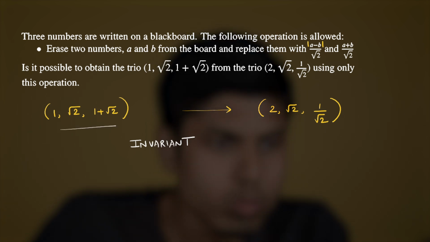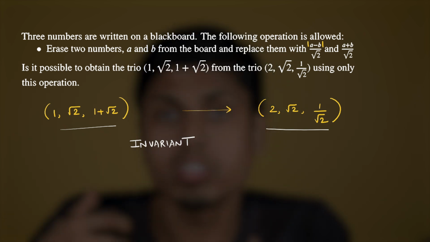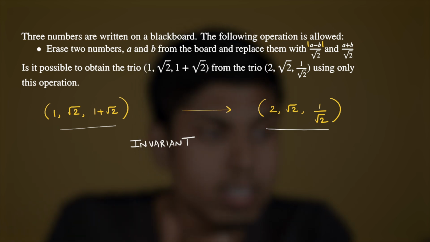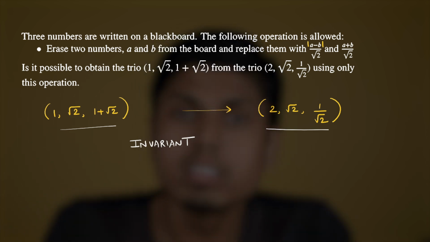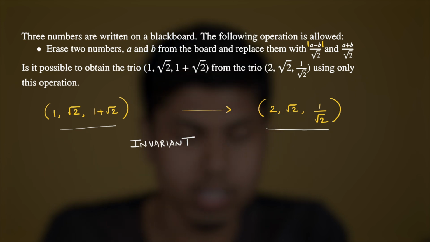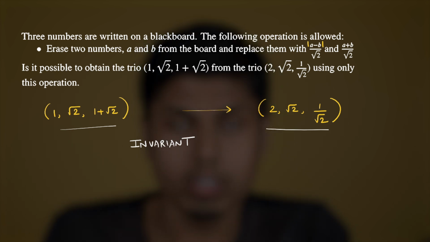Though these two triplets do not share much in common, the process they go through can yield some notion about their property by which we can deduce their feasibility to reach the final triplet.